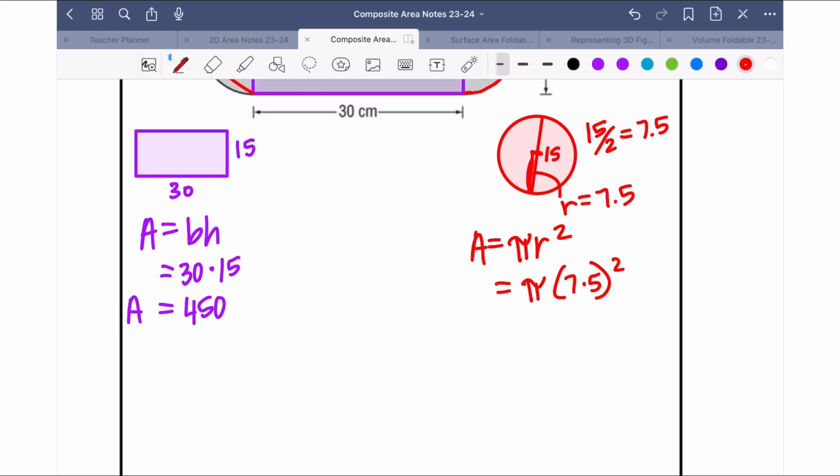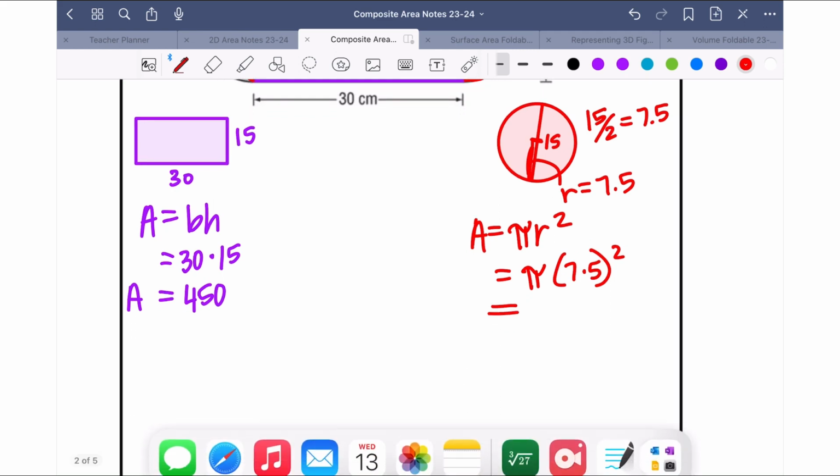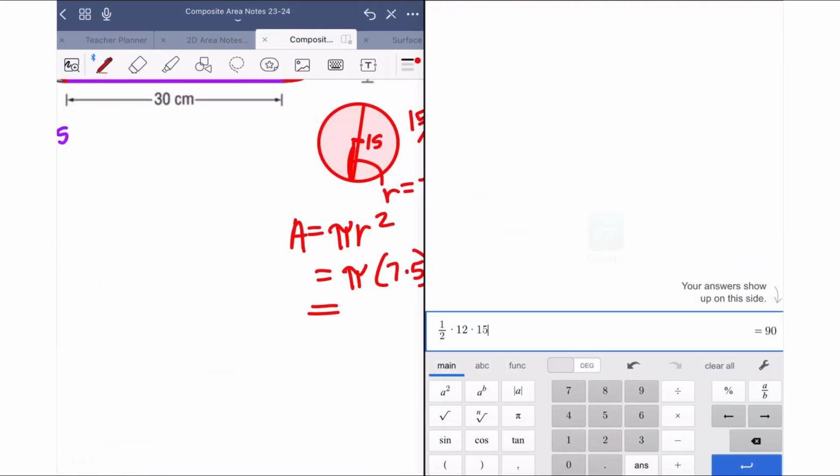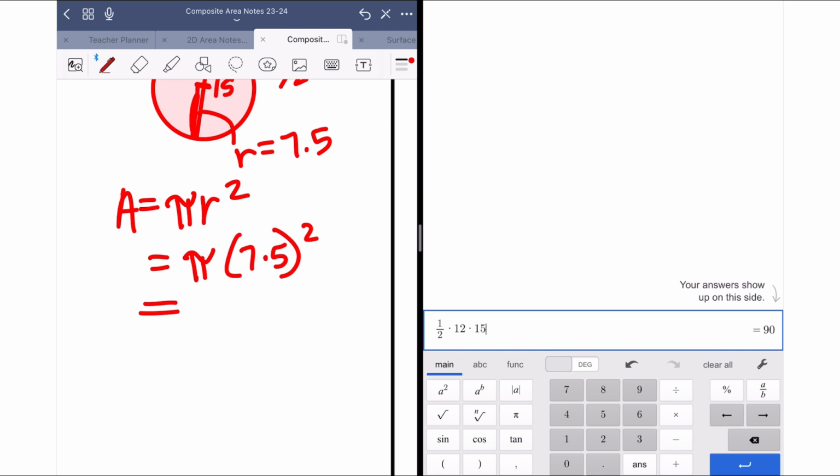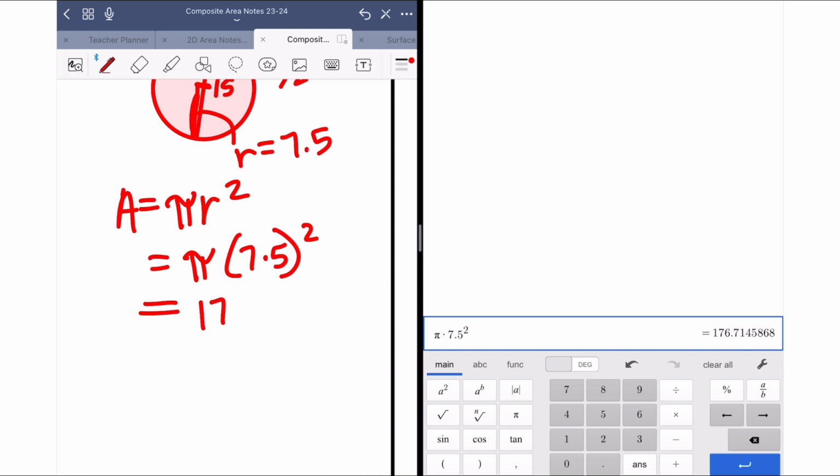All right, let's use our calculator for that one because we have a pi symbol. So pi times 7.5 squared. All right, we're going to round to the hundredths. 176.71.